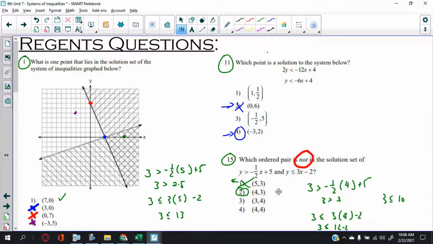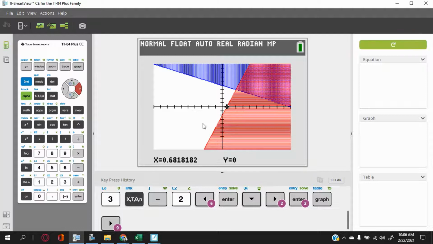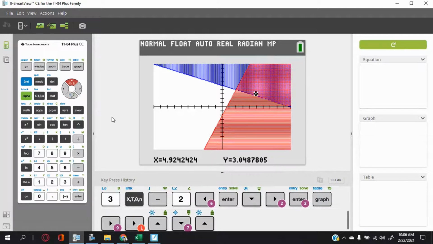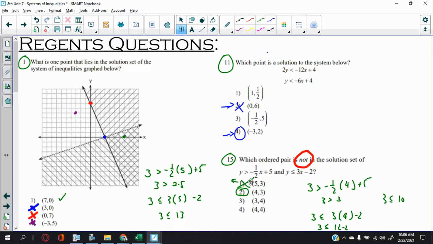So look, 5, 3, and I can trace it too. Yes, 5, 3 is within that purple area, so that's why it's good. Look, that's 5, 3. That's why we had to cross it out, because that was a solution.